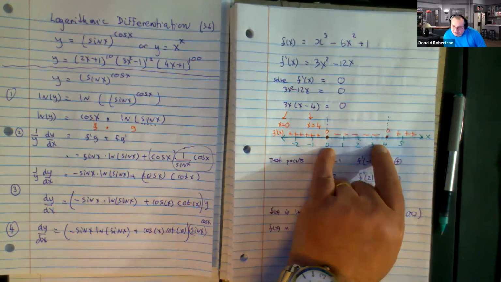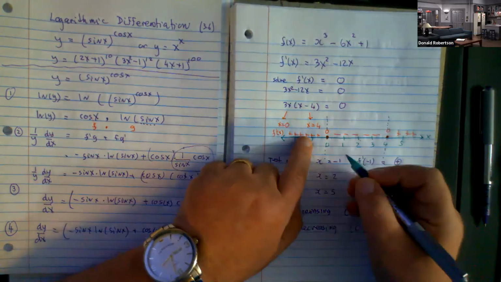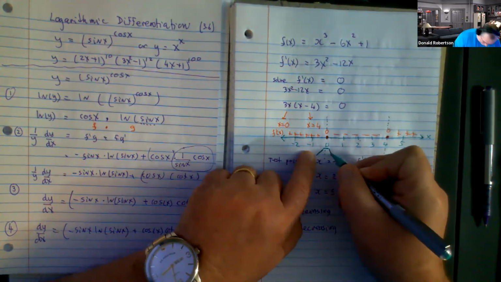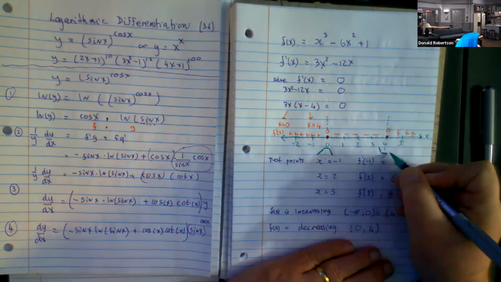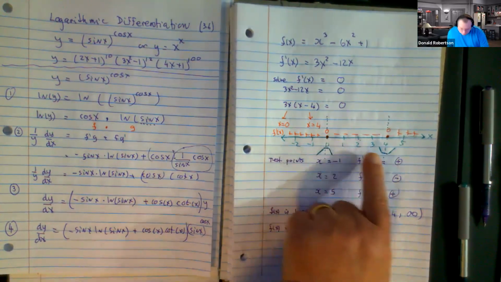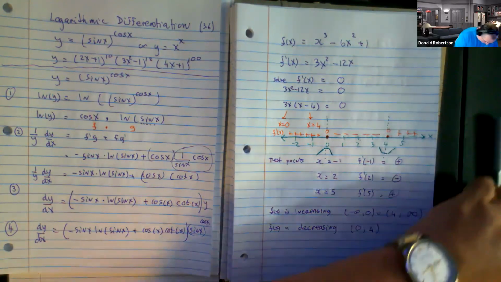They will be the candidates for local max and local mins. So let's see if we can get this guy. On this side, it's positive, then it's 0, and then it's down the way. And this one, it's negative, then it's 0, and then it's positive. Can you see a local max at this guy and a local min at this guy? So we can now do that part.